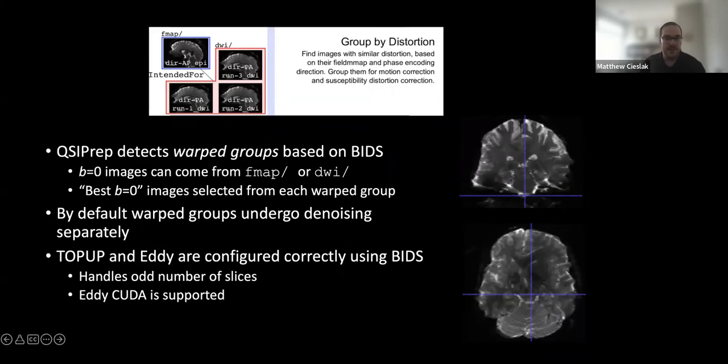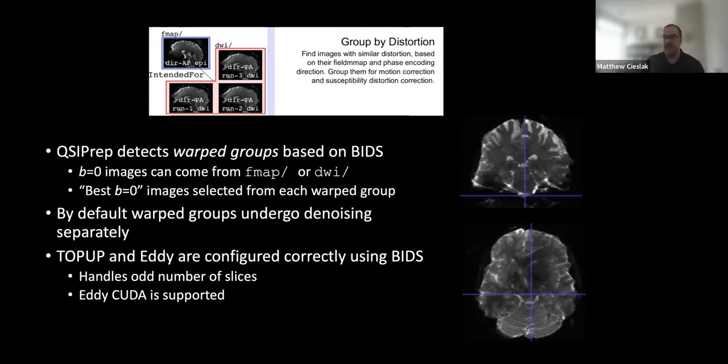After that's done, TOPUP and eddy are both configured using the BIDS data that was your input. One of the other main obstacles for running TOPUP and eddy is that they both have configuration files that are kind of strangely configured and not very intuitive.